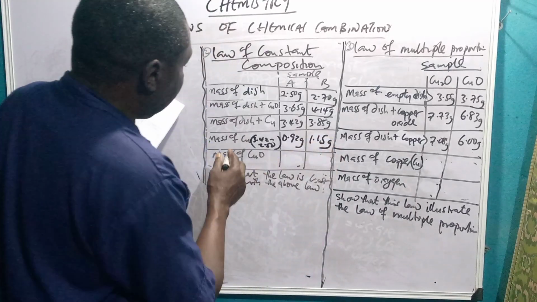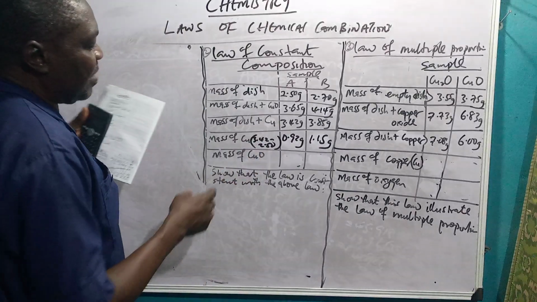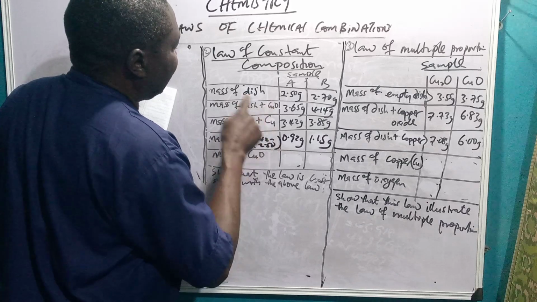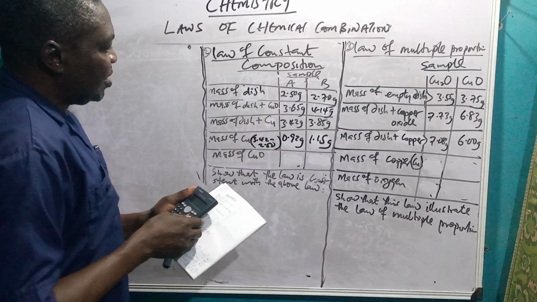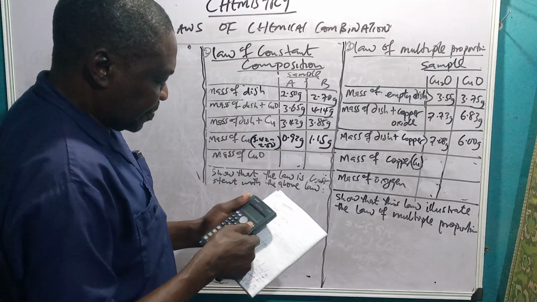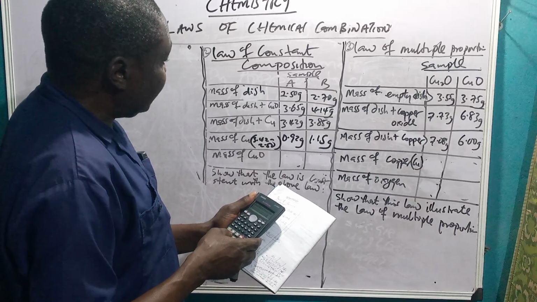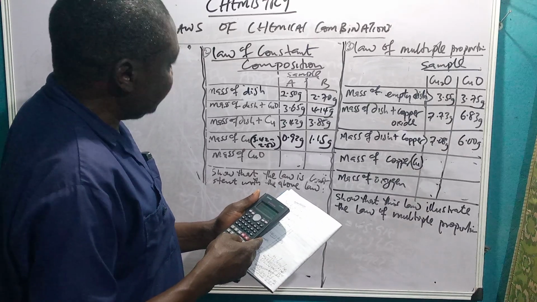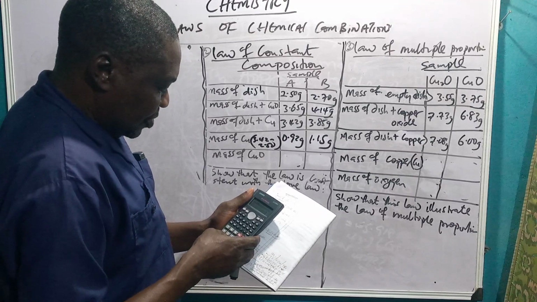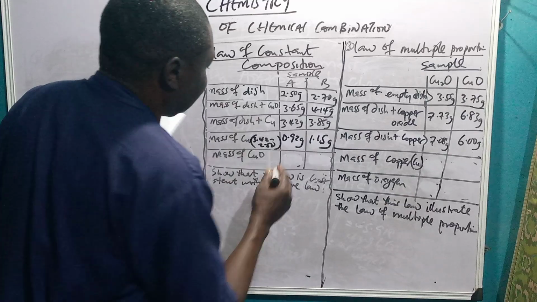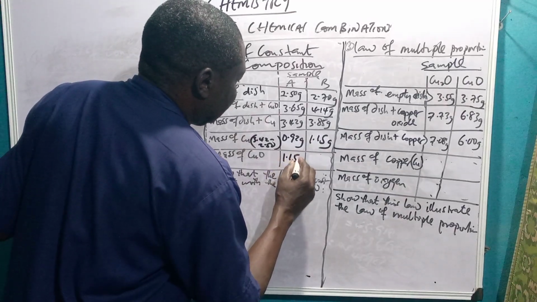The mass of copper 2 oxide: you take the mass of dish plus copper 2 oxide and remove the dish from it, so it will now be 3.65 minus 2.50, which gives you 1.15 gram. Just follow the process.